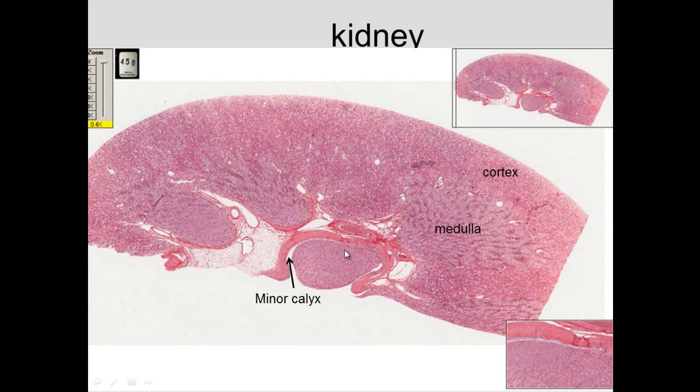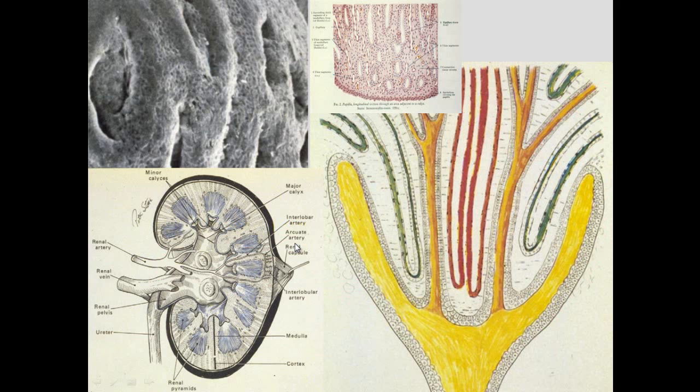Again, we can see the minor calyx, so it's medulla coming down, and there will be transitional epithelium right in through there. So you have these papillary ducts opening up, transitional epithelium. Transitional epithelium will be in here and here. This will be the minor calyx, and then it goes to the major calyx, then it goes through the pelvis, and then it's out through the ureter.